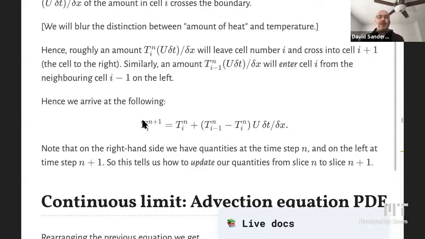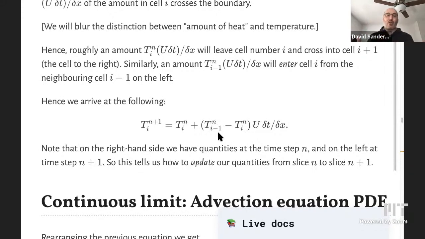You can see that the difference from what we did before is that now we have this dependence on the position as well, this I minus 1 and I. So the rate of change of the amount of stuff at my current cell depends not only on the value at my current cell, but also on the value at the previous cell. And that's where we're mixing how we evolve in time with how we change in space.